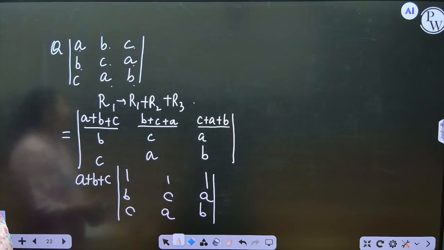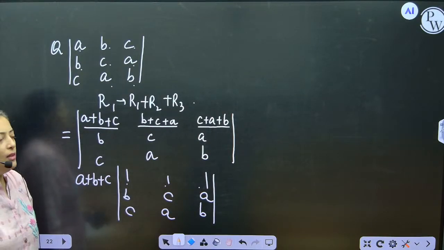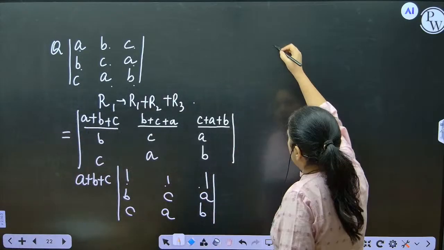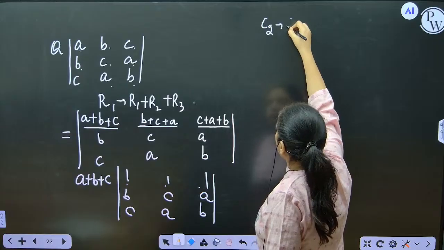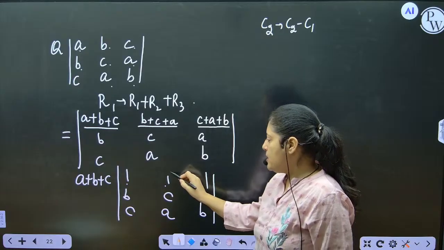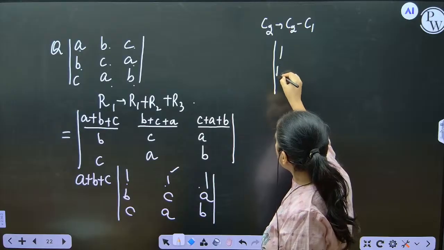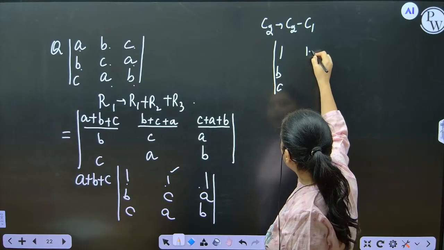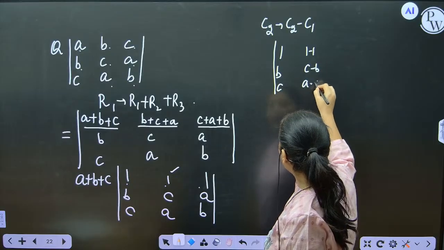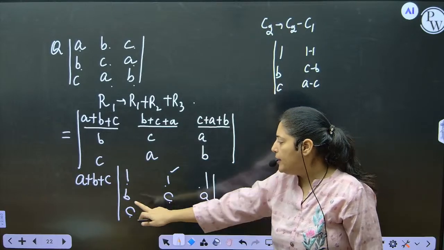Now why have I done this? Whenever you see ones, make it 0. How? In column 2, I will subtract column 1. Like this 1 and this 1, if I subtract, first column will remain same only. 1 minus 1, C minus B, A minus C. That means in this element I am subtracting this element.